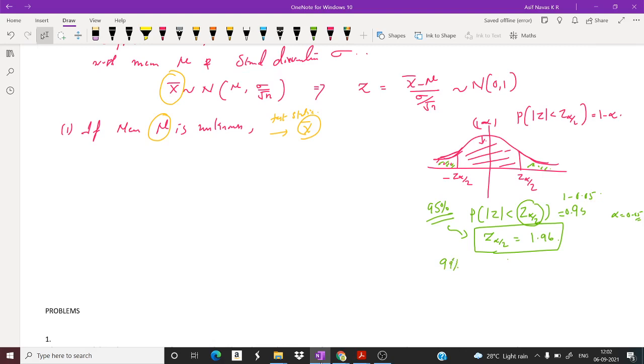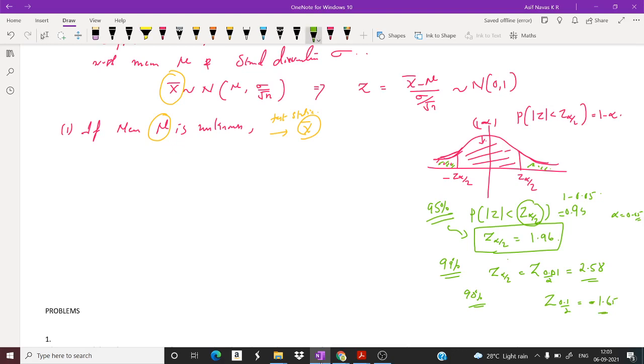That means 95% confidence interval. For 99% confidence interval, mod z less than z alpha by 2 is 0.99, so alpha is 0.01, and z alpha by 2 is equal to 2.58. Similarly, for 90%, alpha is 0.1, and from the table z alpha by 2 is 1.65 or so.